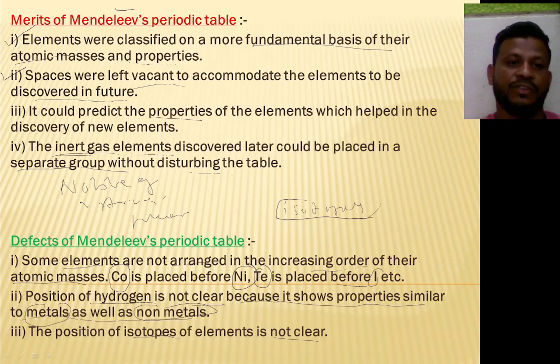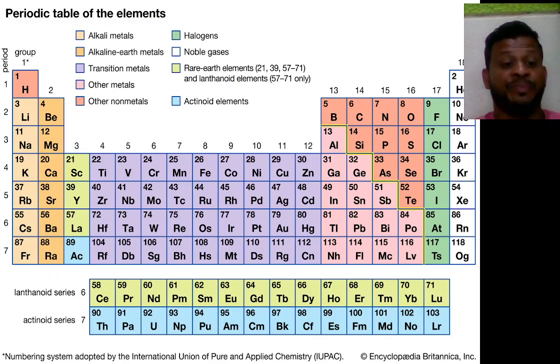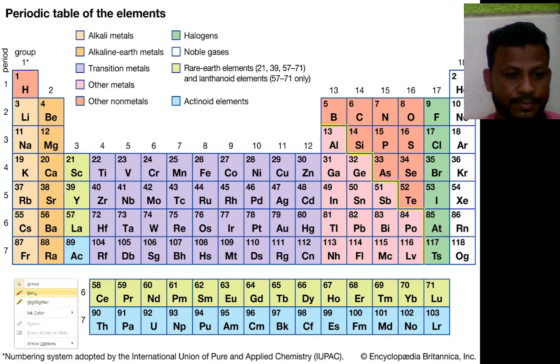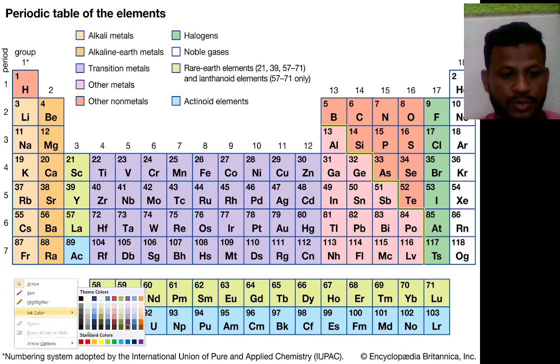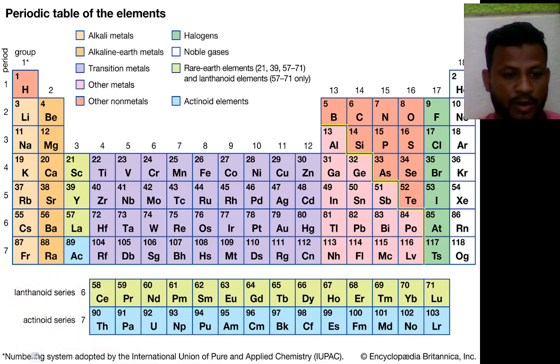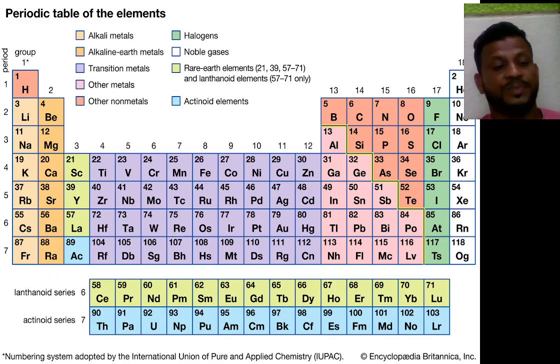These are the defects we see in Mendeleev's periodic table. Let us move further. This is the periodic table, right? What you see in the picture is the modern periodic table, we can say. Look here. If you observe this periodic table, you come to know how elements are classified into different groups and types here.